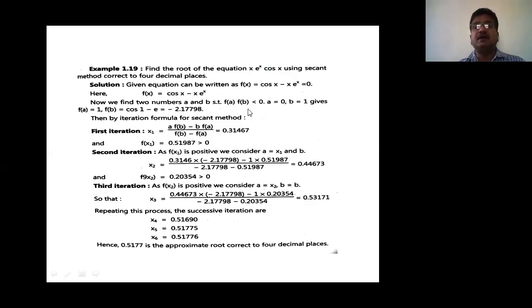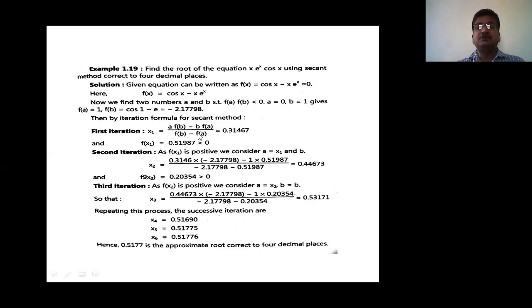And then again find the two numbers. Those numbers are 0 and 1. At 0 the value is 1, and at 1 the value is negative. So the root lies between 0 and 1, and then use the formula (a f(b) minus b f(a)) divided by (f(b) minus f(a)), and find the sign of f(x) at this point, 0.31467.